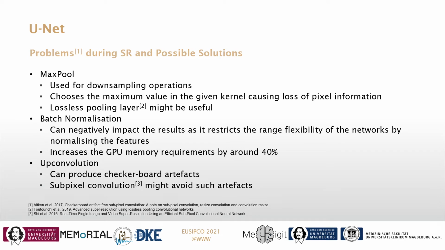The next possible problem is with the batch normalization layer, which can negatively impact the results as it restricts the range flexibility of the network by normalizing the features. This can also increase the GPU memory requirements by around 40%. And finally is the up-convolution operation, which can produce checkerboard artifacts while upsampling low-resolution data. Subpixel convolution instead of up-convolution can be a possible candidate to solve such problems.